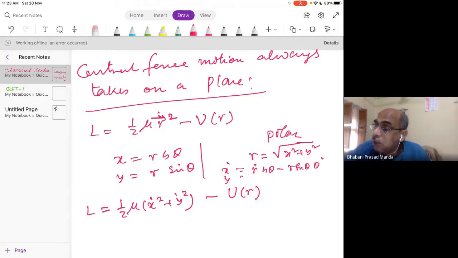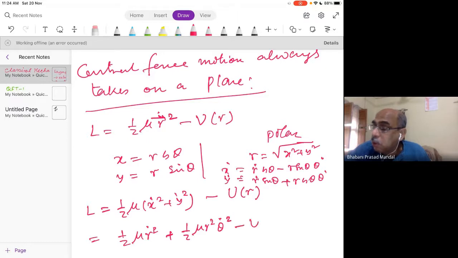Similarly, y dot will be r dot sin theta plus r cos theta theta dot. If you substitute, you will get the Lagrangian half mu r dot square plus half mu r square theta dot square, minus U(r).